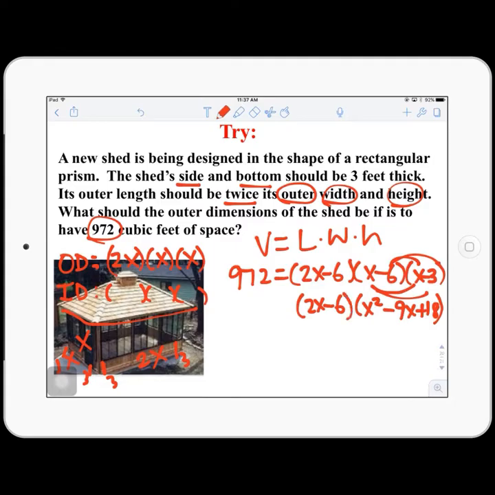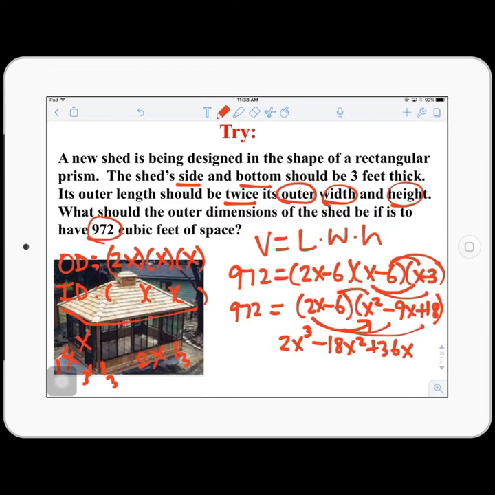We're going to need to superfoil the remaining terms to undo all of this factoring. Then we can combine the 972. So we're going to superfoil, so we have 2x cubed minus 18x squared plus 36x.